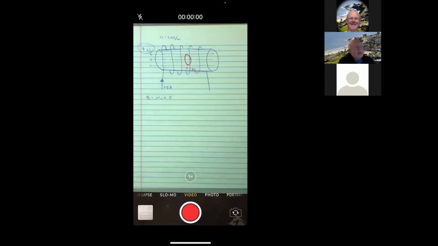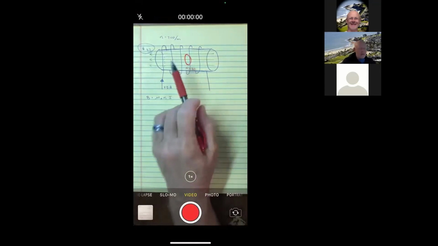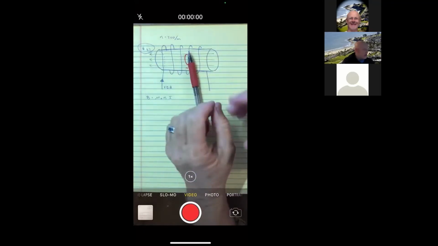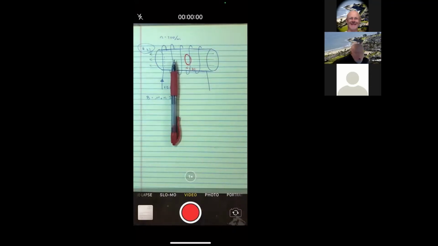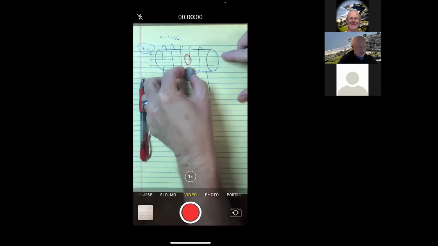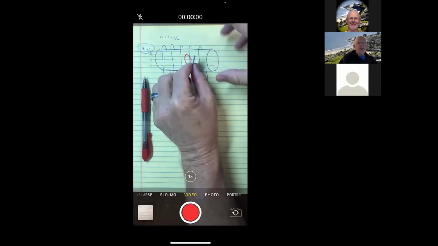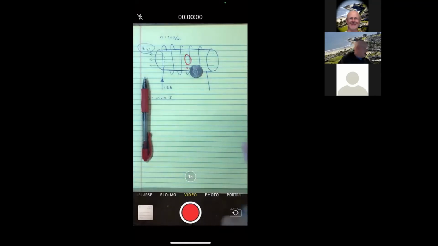Okay. And the fact that they're thin makes me think that I can view this as a plane. And so this is kind of like a flat coin, if you will. Little nickel here. So this nickel is actually inside of this solenoid.